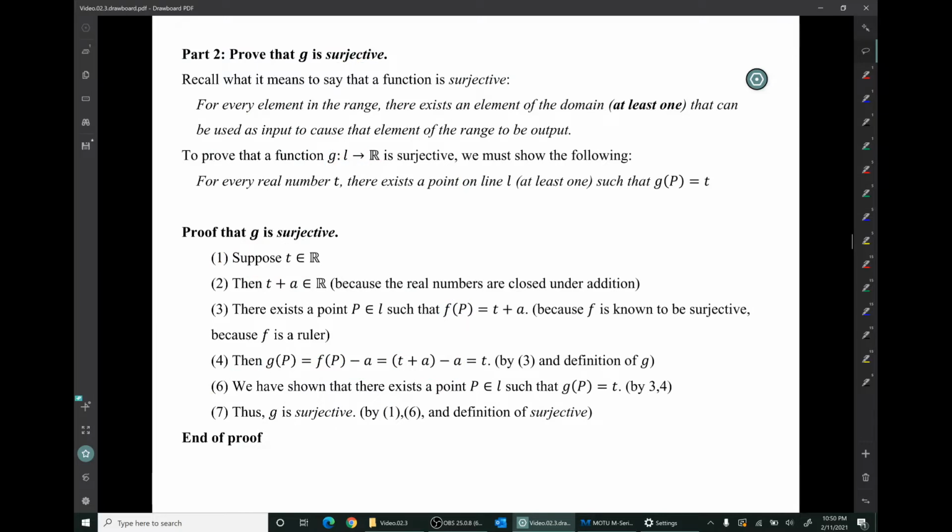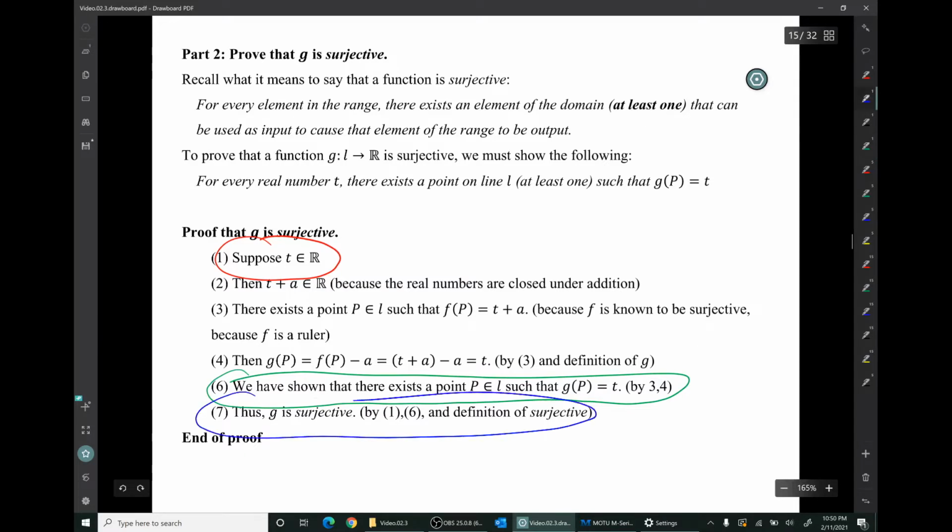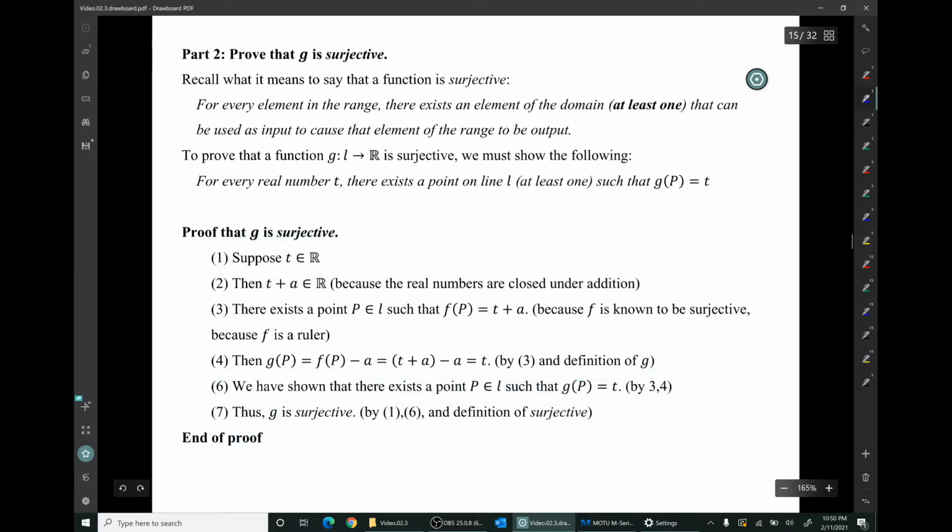I'm not sure if that explanation really helps, so just study this proof very carefully. Notice the structure, starting with suppose t is a real number. Come up with an example of a point P on the line such that G of P equals t, and that's how you're allowed to say that G is surjective. Now, notice one thing before we go on.